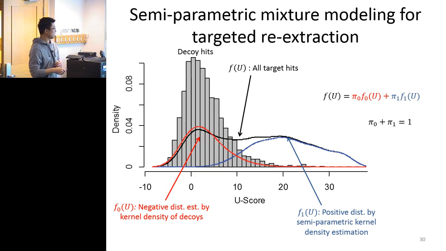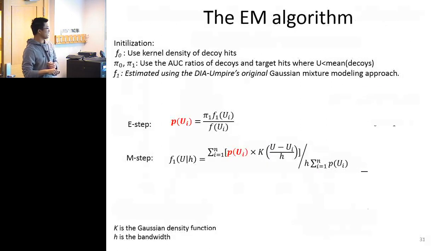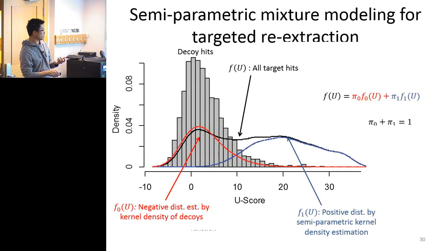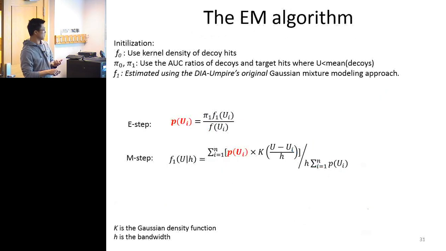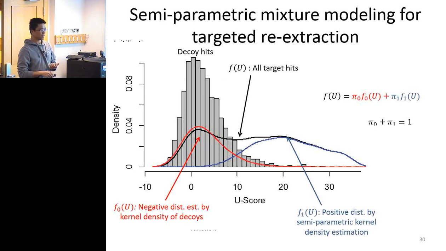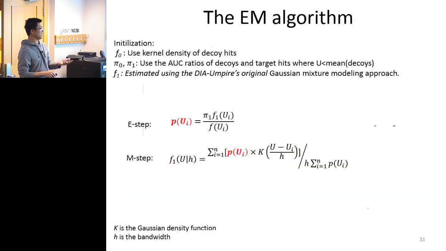So the way we did it is we use the kernel density of this gray one, and put it in the EM model to calculate this probability at different scores. And then when we do the M step, we just put in this probability, and then we can estimate this distribution. Once we do that, we can again estimate the FDR.